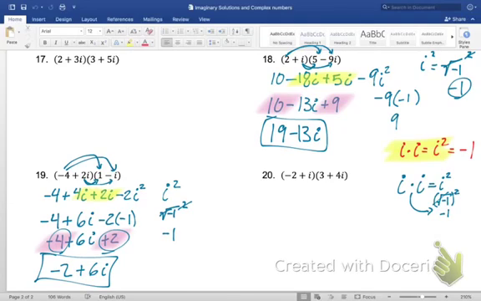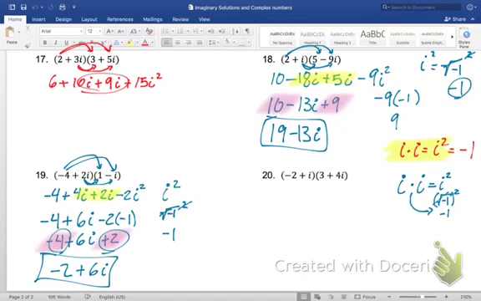Okay, I'm going to go over 17 and 20. So pause the video and do 17 and 20. I'm going to go over them in 5, 4, 3, 2, 1. 2 times 3 is 6. 2 times 5i is 10i. 3i times 3 is plus 9i, and 3i times 5i is plus 15i squared.